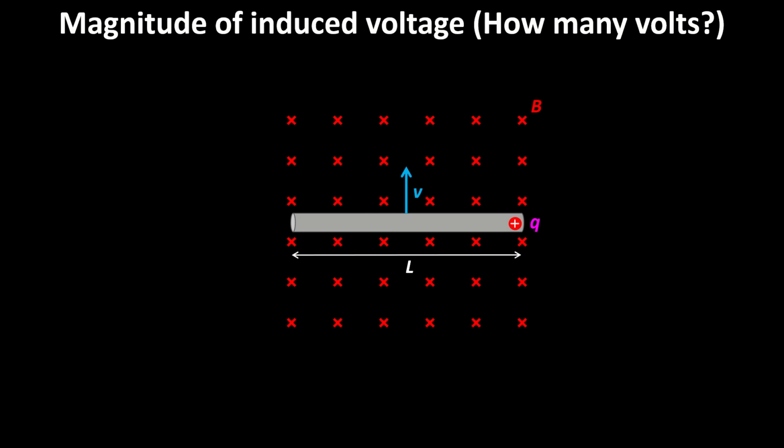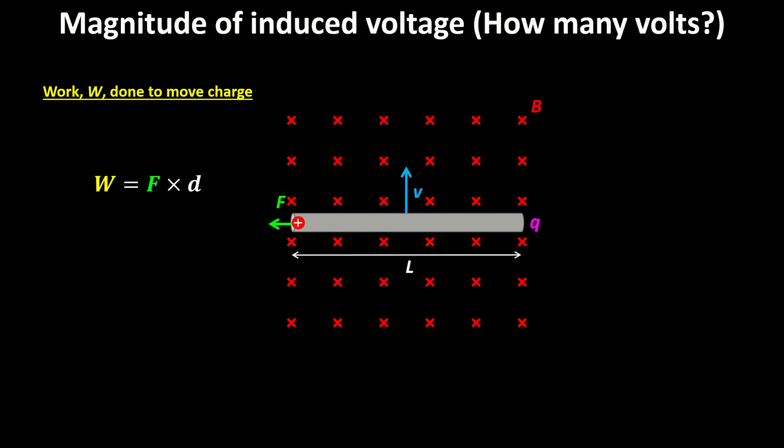Now, if the rod's moving that direction, it will experience a force towards the left, okay? Now, if we imagine that charge moving through the rod, it's moved from one end to the other, so it's moved a distance under the influence of a force. If you move a distance under the influence of a force, you have done work, okay? And we can evaluate how much work was done to move the charge by calculating force times distance.